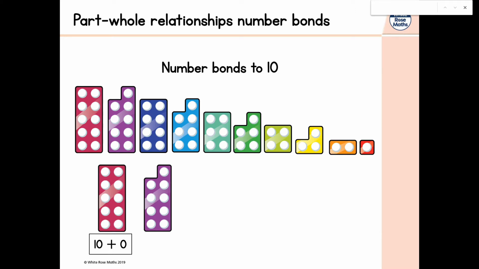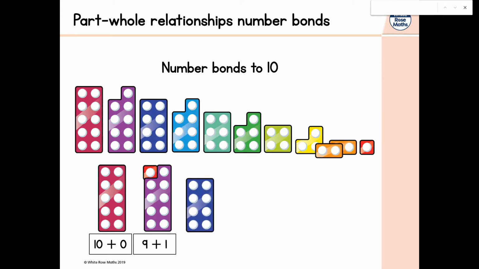What do we need to add to 9 to make the number bond 10? Perfect. 9 plus 1 makes 10. How about this one? 8 plus 2 makes 10. Let's keep going.